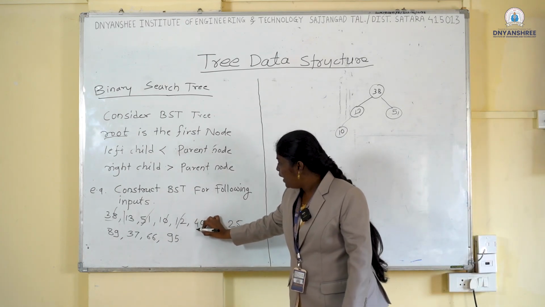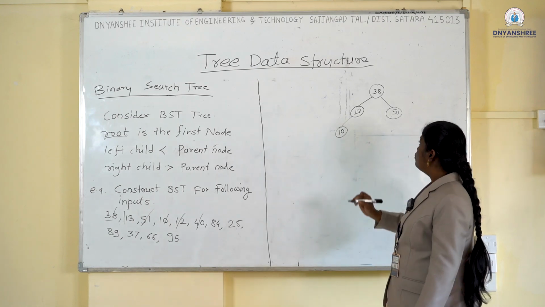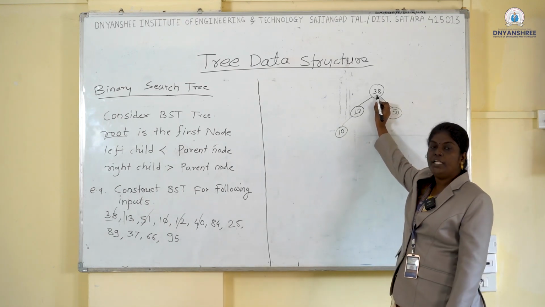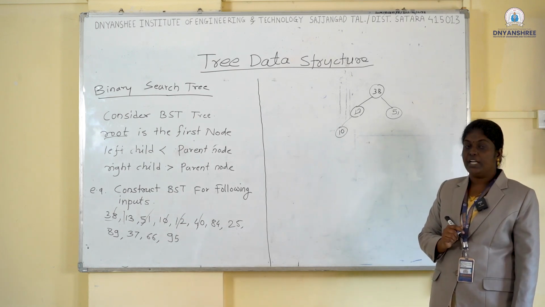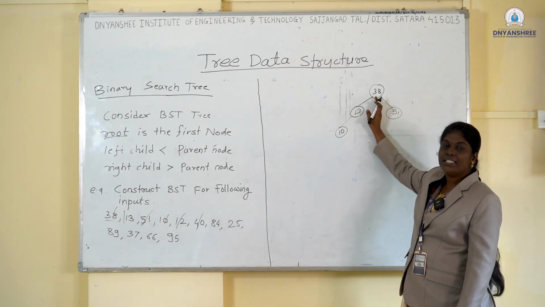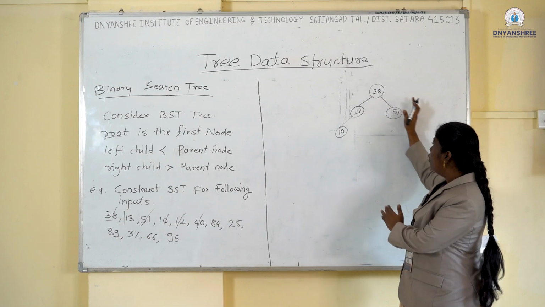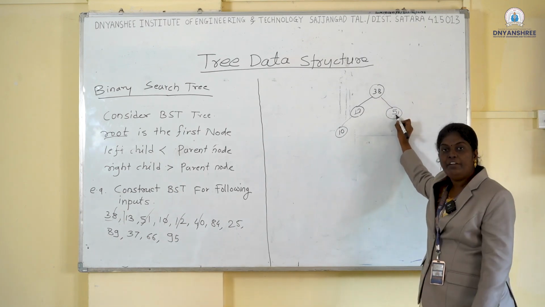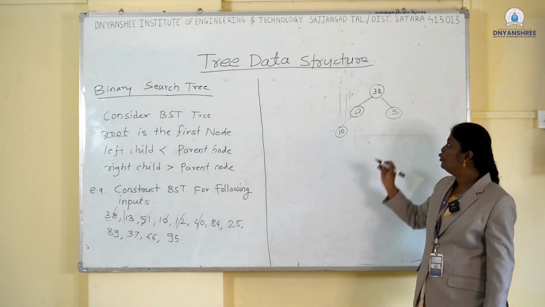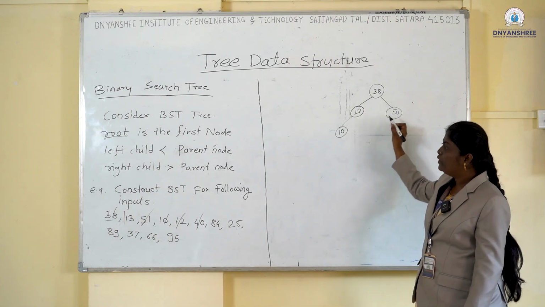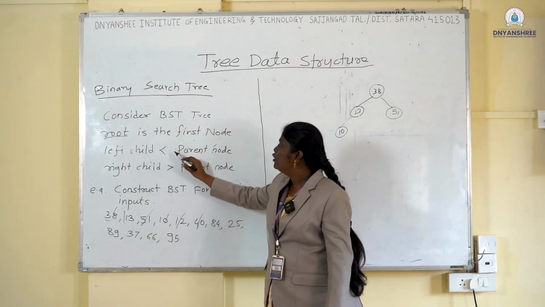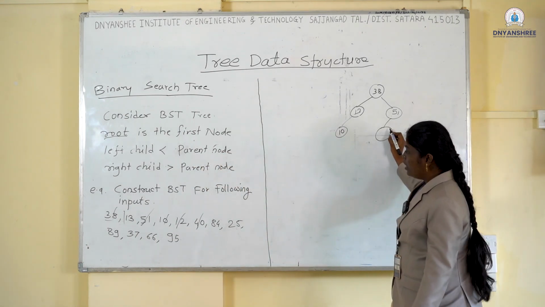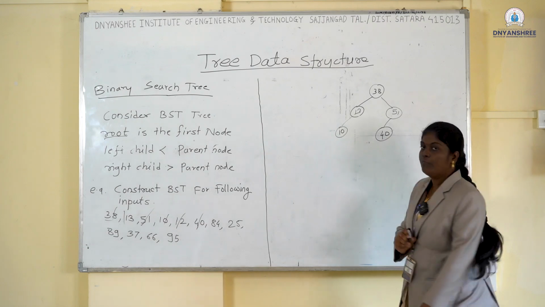Then next we have 40. Where will it be? First of all we'll compare 40 with root node 38. Of course 40 is greater than 38, so we'll go into the right subtree. Again 40 will be compared with 51, but we know that 40 is less than 51, and the left child is always less than the parent node. So this is the right place for the node 40.